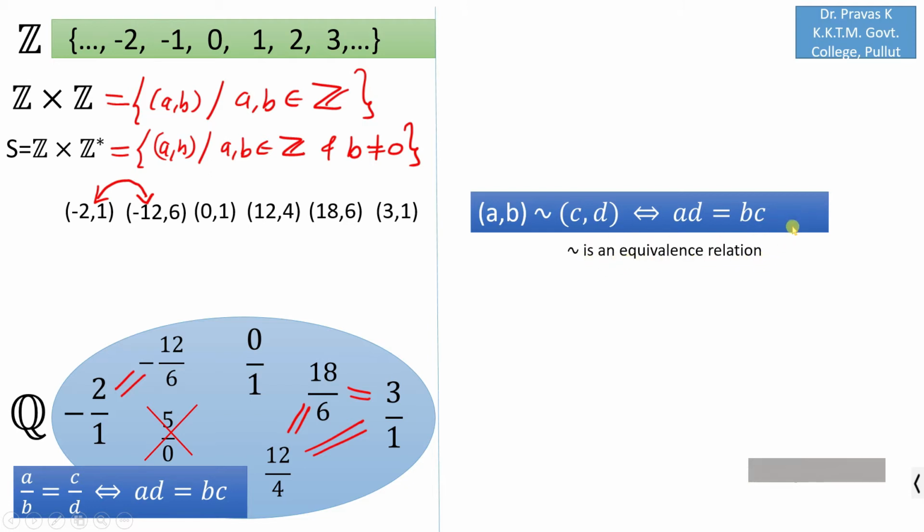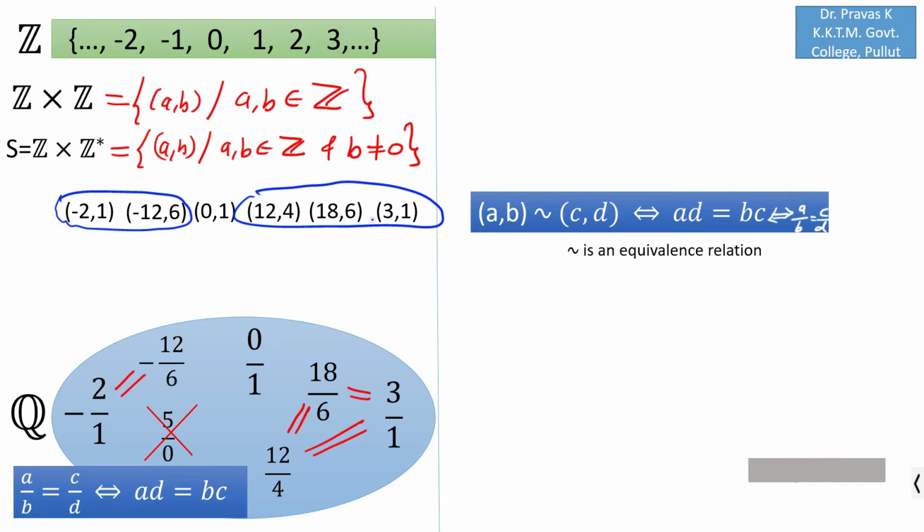You can see that tilde is an equivalence relation in this case, because ad equal to bc implies a over b equal to c over d. Once we know that the relation tilde is an equivalence relation, we can have equivalence classes, so that all ordered pairs corresponding to equal rational numbers belong to the same equivalence class.